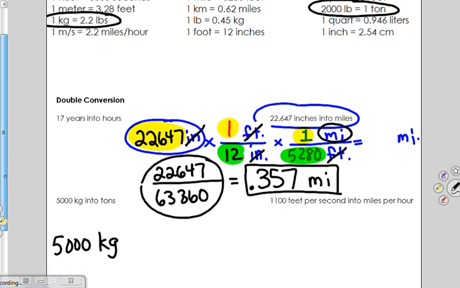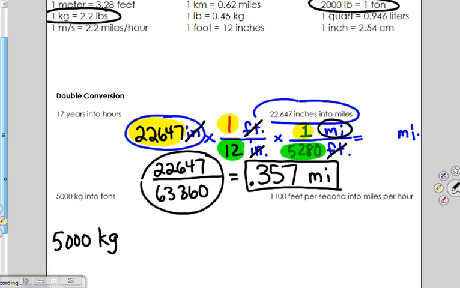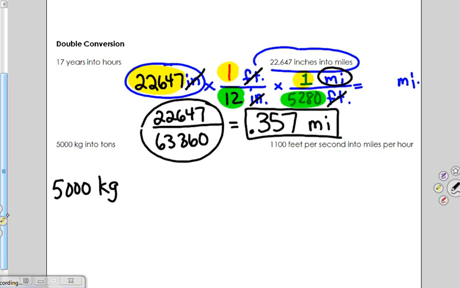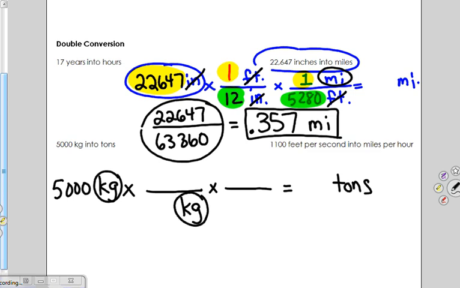Okay, so we're going to go from kilograms to pounds and pounds to tons. Here we go. Times one fraction times another fraction takes me to tons. We want kilograms to be in the bottom, so it cancels, turn that into pounds.